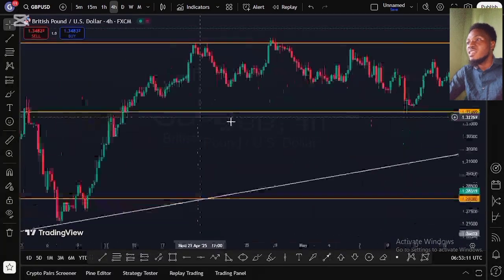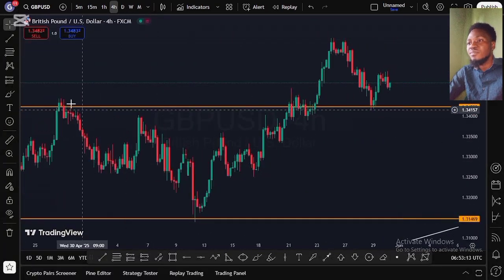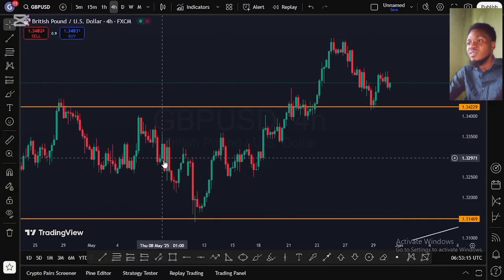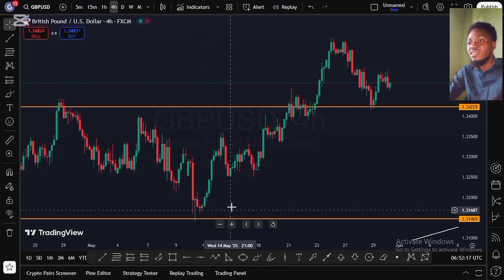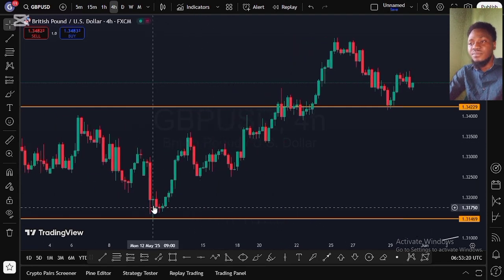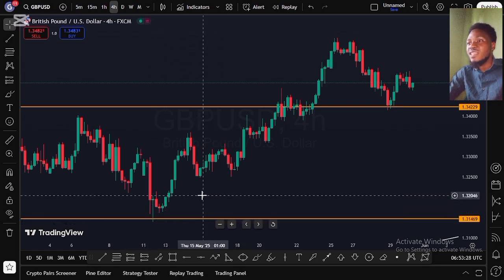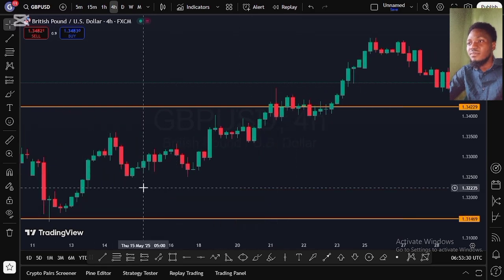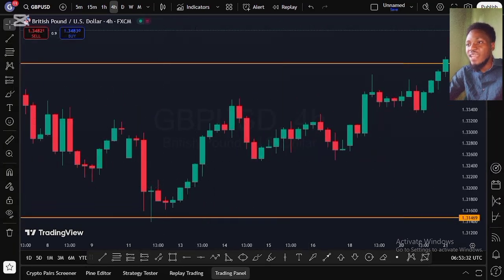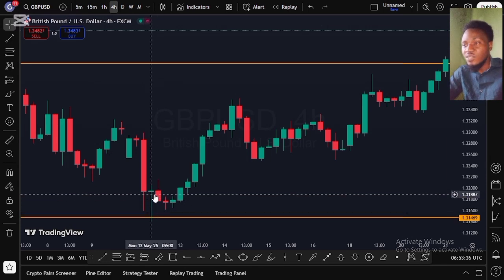The market has been selling off right from here until we hit this key level. Now that we hit this key level, buyers started stepping in. Instead of sellers taking over the market and keeping it pushing down, buyers stepped in and pushed this market right up again. So that's the psychology behind it.